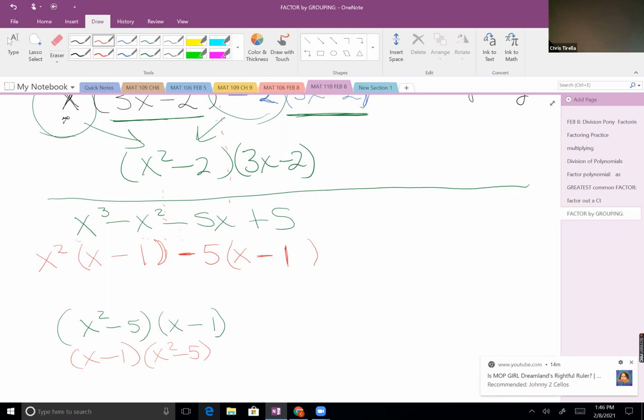And if you did, your signs didn't match. If these guys don't match, try changing that sign. But now, because those guys do match, that's my common factor. And when I divide that out, I'm left with the x squared minus 5.